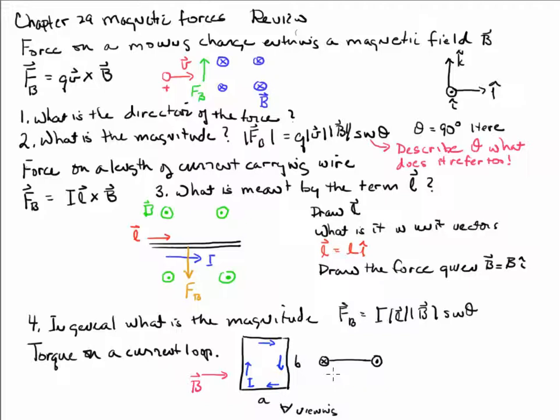And I show on the right hand side of that diagram an X representing the current going into the paper and a dot representing the current coming out of the paper. Now take a moment and try to figure out what the force is on the current loop on the left and the force on the current loop on the right.